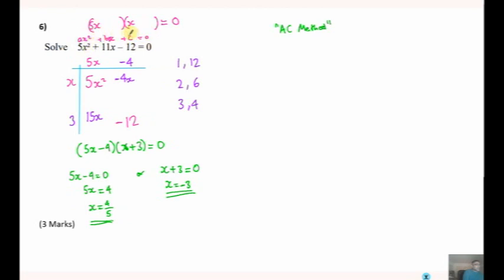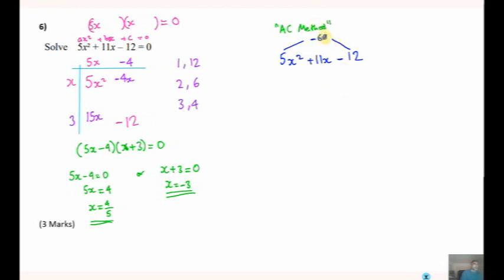I want to first start by multiplying together the coefficient of x squared, which is a, and the c. So if I start off with my equation, 5x squared plus 11x minus 12, if I multiply those two numbers together, that gives me minus 60.